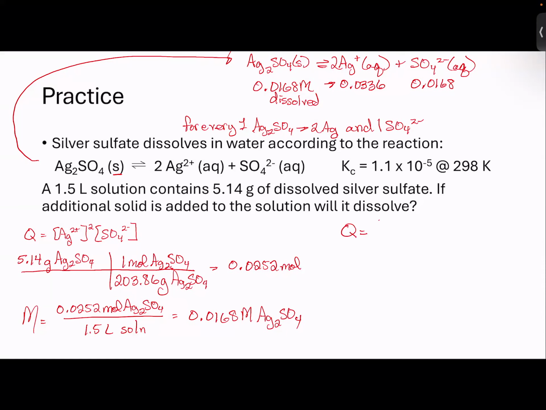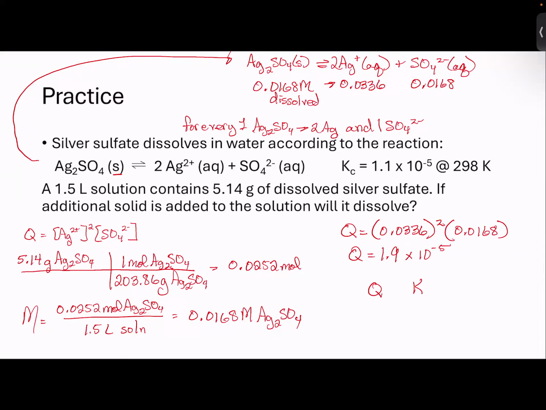So Q is equal to the silver squared, so 0.0336 squared times the sulfate of 0.0168. And you get a value for Q equal to 1.9 times 10 to the minus 5. Now, the question is, what is the relationship of K and Q?